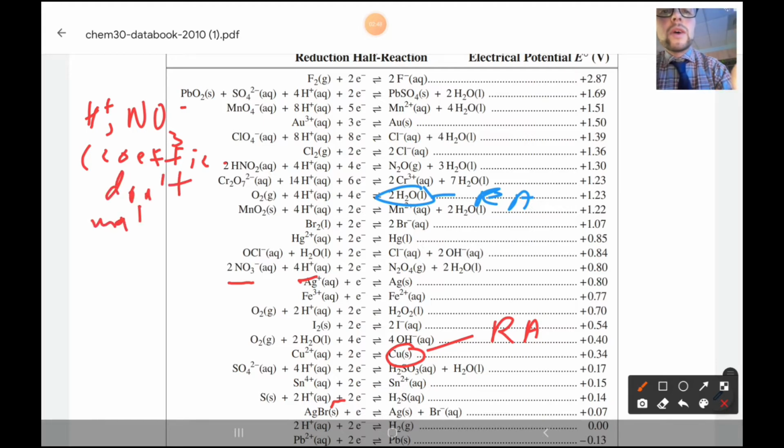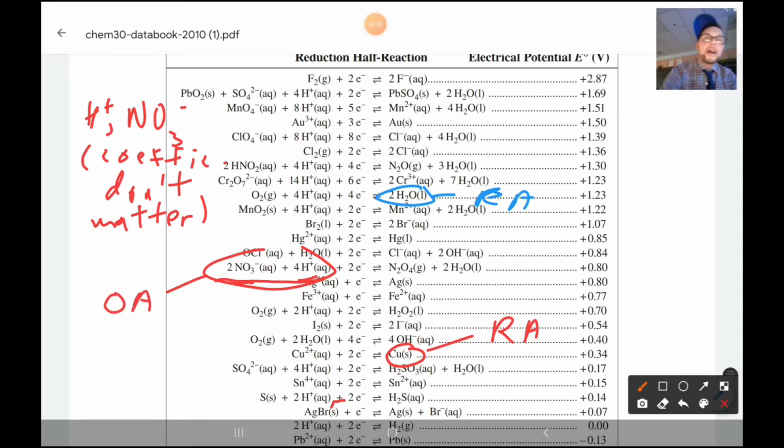We just want them together and present. The coefficients are just balancing the reaction, which we're going to tend to anyway. So these two together are going to be an OA. So we got NO3 minus with H plus as an OA. We got H2O as an RA, Cu solid as an RA.